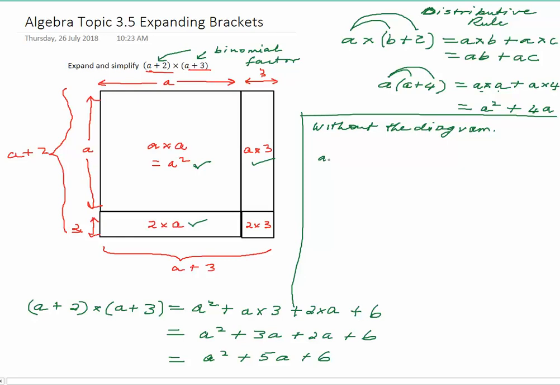So let's take the A plus 2 times A plus 3. Now I'm just going to get a different colour. Let's highlight some things.